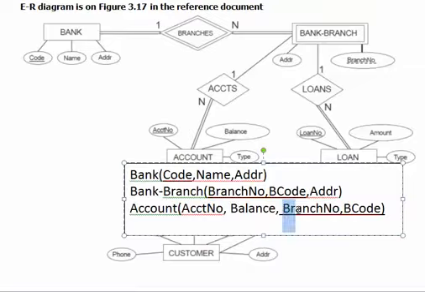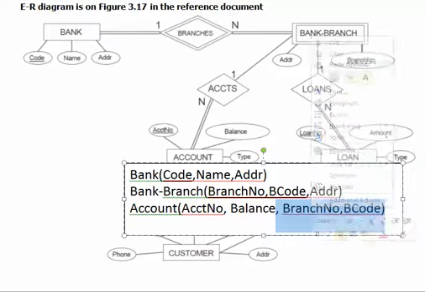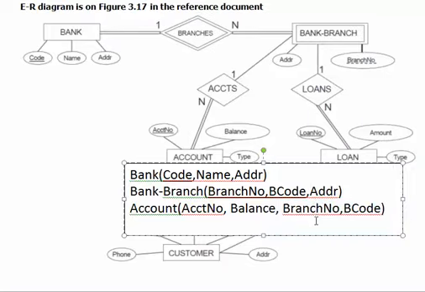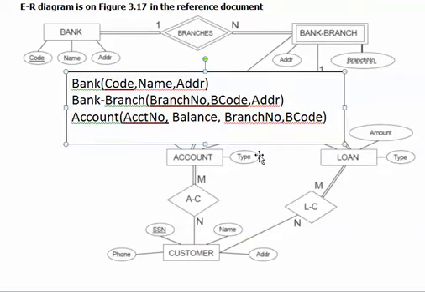Now, we don't underline foreign keys. We only do that for primary keys. So account number is the only primary key here. So we underline there. So we're done with account.